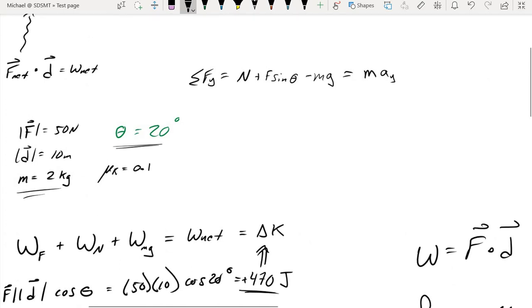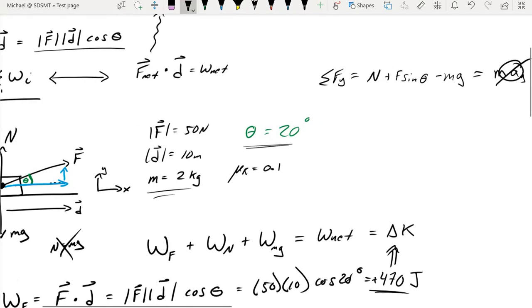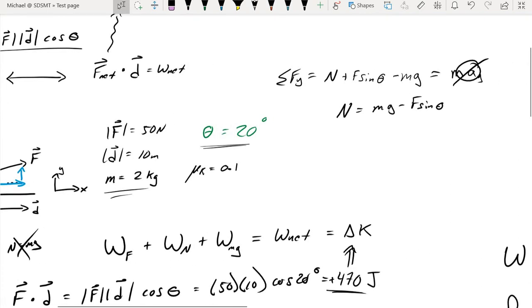The only way that can happen is if the acceleration in the y direction is 0. If everything now equals 0, that means that the normal force has to equal the weight minus the vertical component of our force.